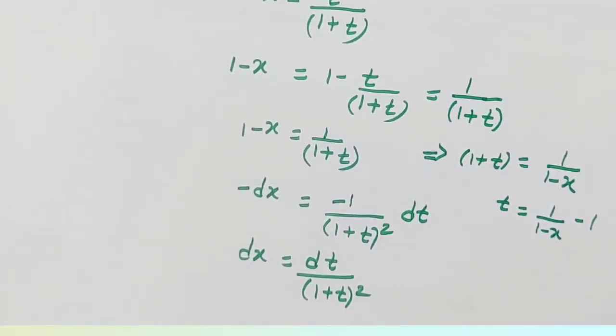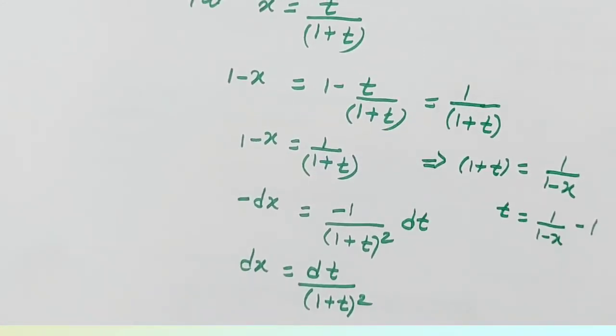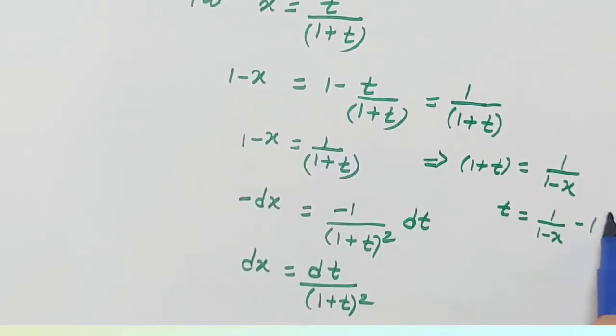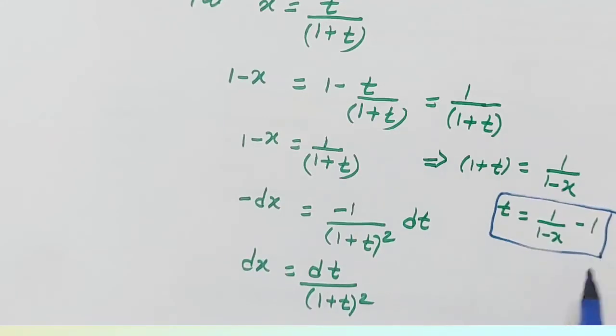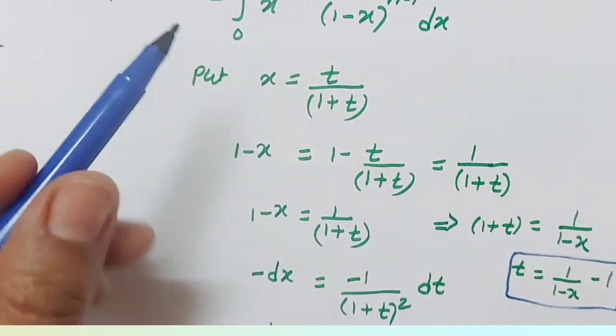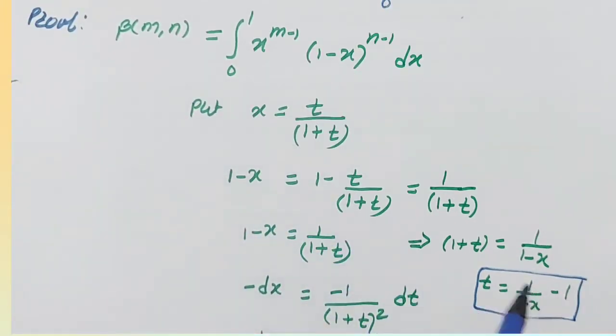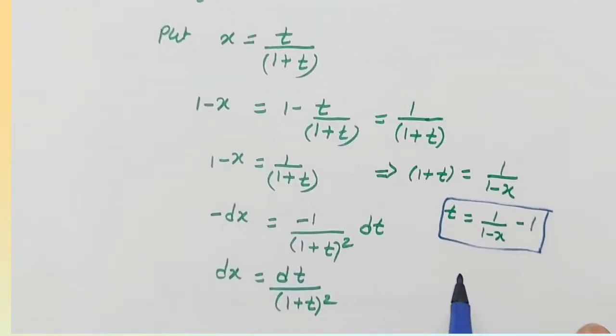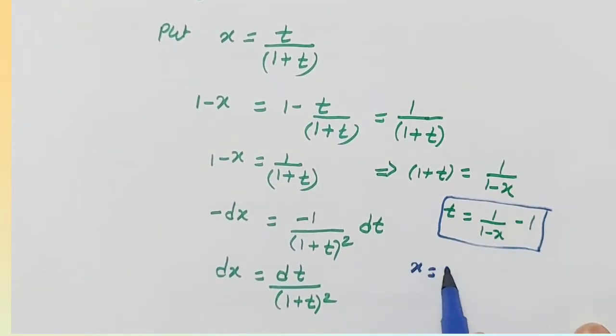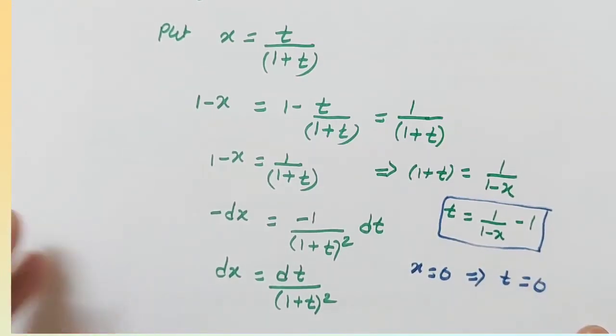Now here we have to put the lower limit of x in this equation. We put x equals to the lower limit, and the lower limit of integration is 0. If we put x equals 0 in this term, then we get t equals 1 minus 1, that is 0. That means when x is 0, we get t equals 0.